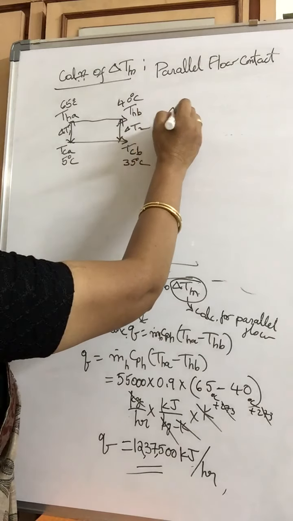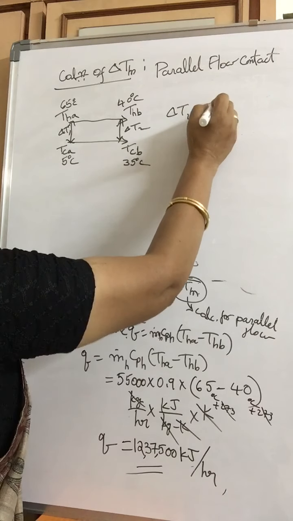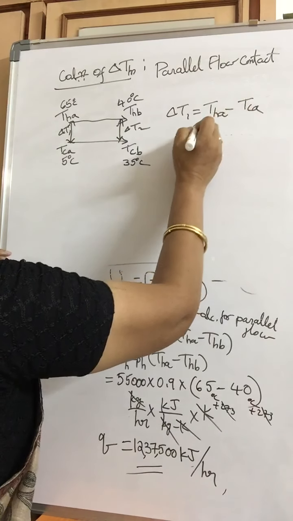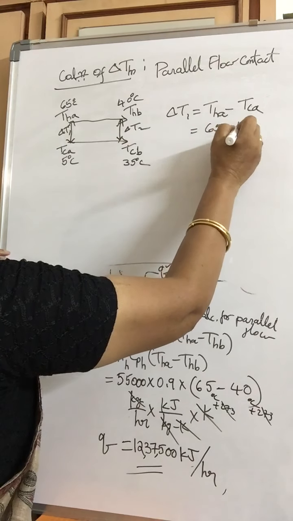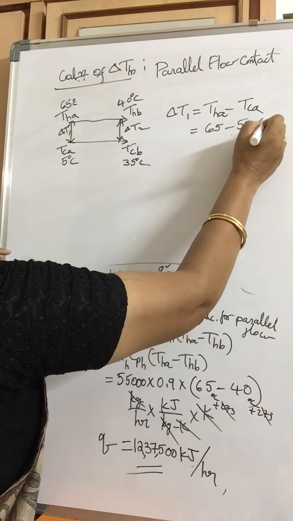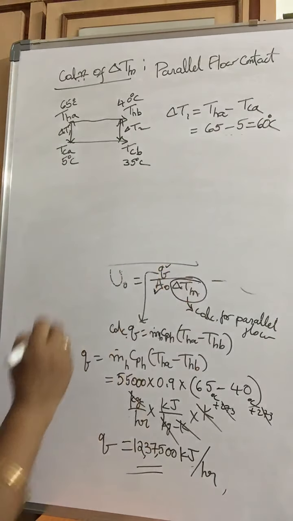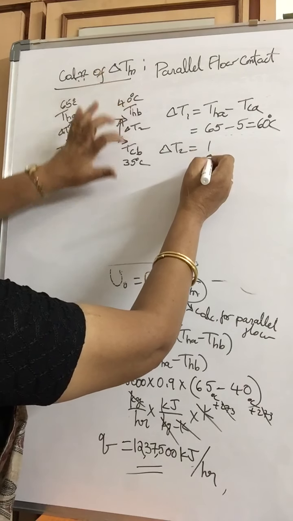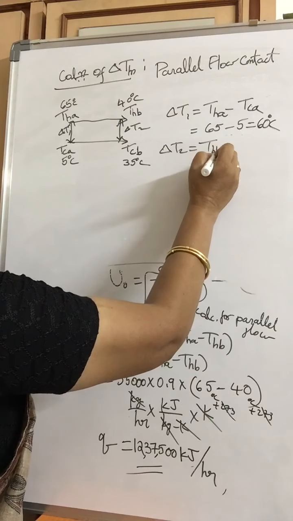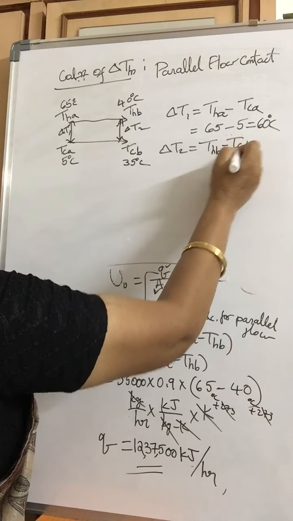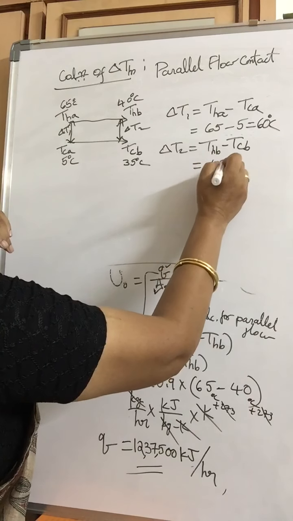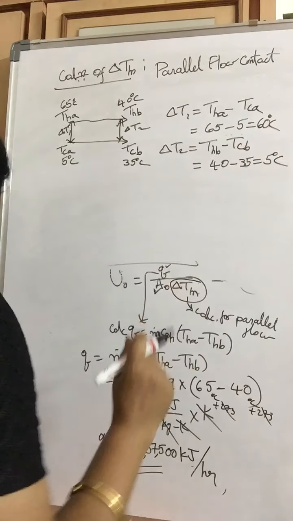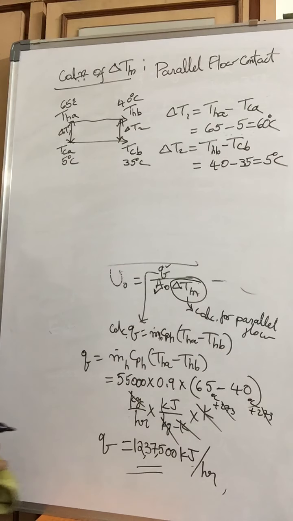So in this, delta T1 equal to THA minus TCA, that is equal to 65 minus 5, that is equal to 60 degrees centigrade, and delta T2 is equal to THB minus TCB. This is equal to 40 minus 35, this is 5 degrees centigrade.